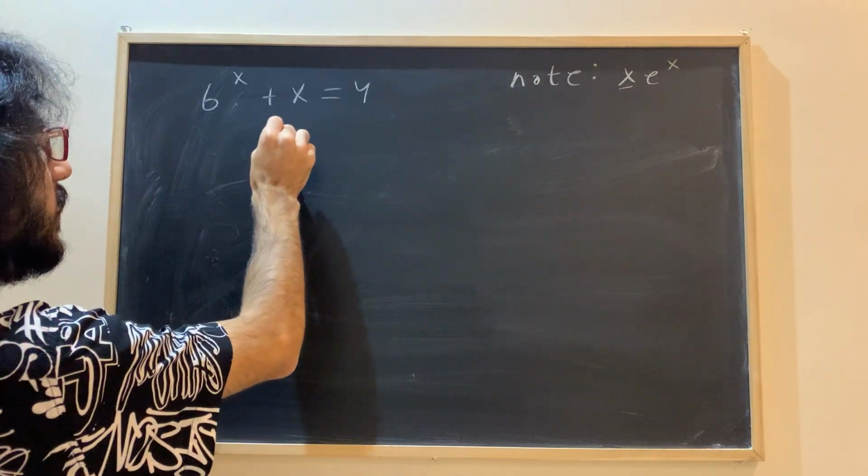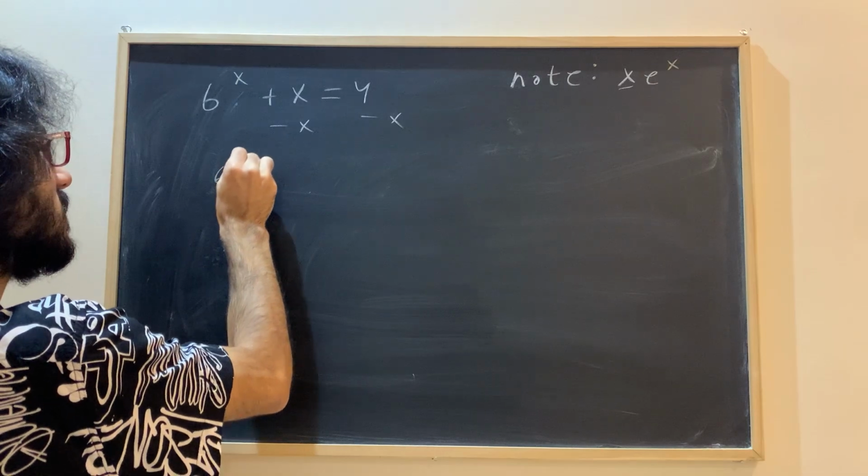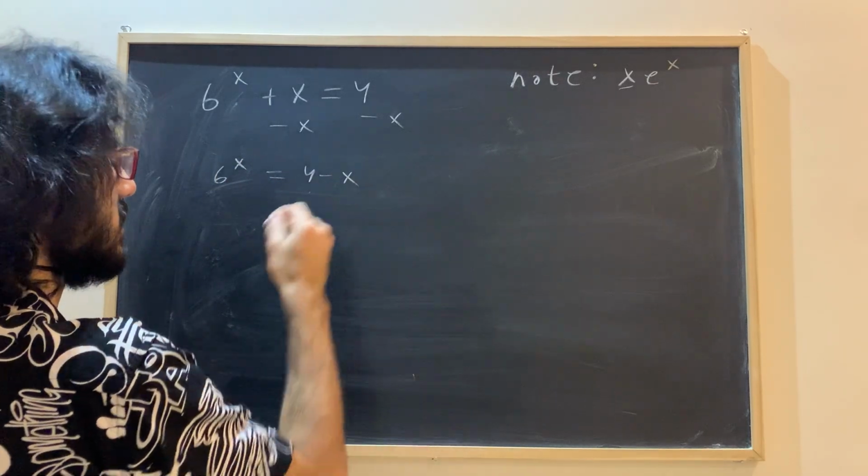Firstly, we start by subtracting x on both sides, which gives us 6 to the x equals 4 minus x.